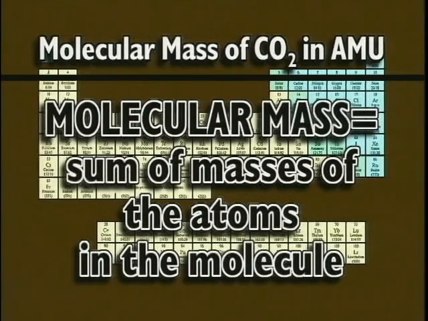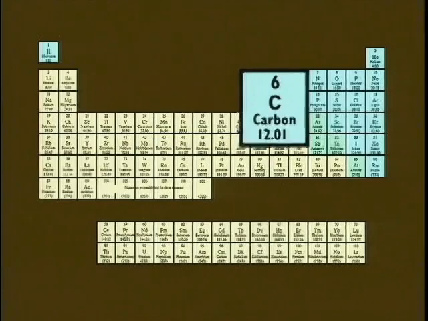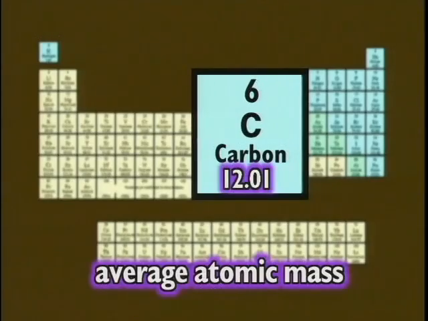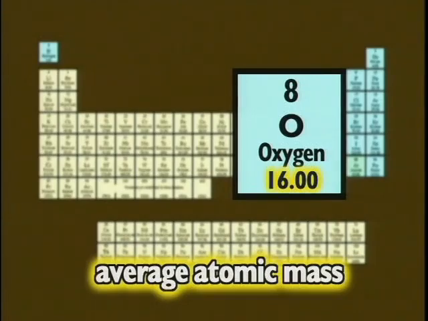So the first thing we have to do is look up the masses of the molecule's component atoms in the periodic table. Carbon has a mass of 12.01 AMUs, and oxygen has a mass of 16.00 AMUs.